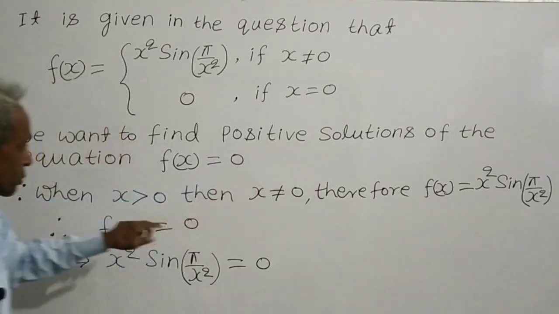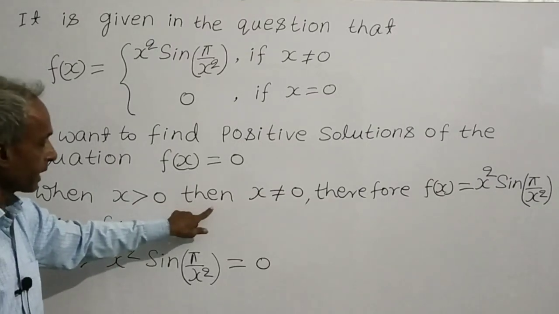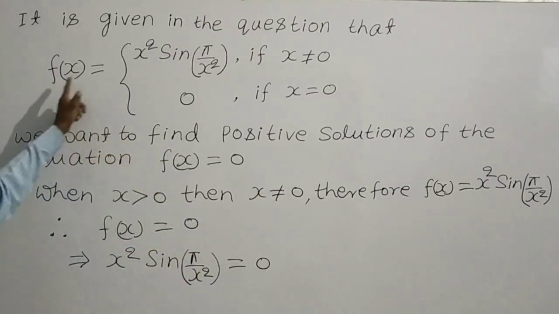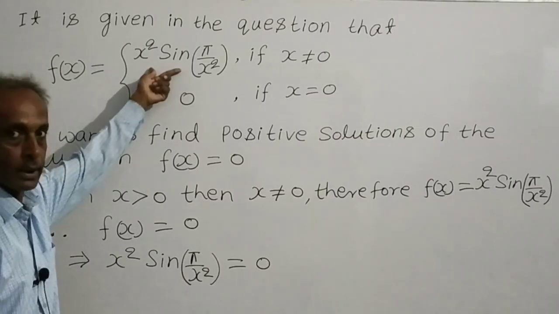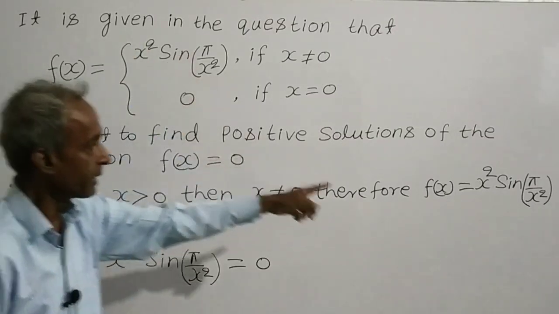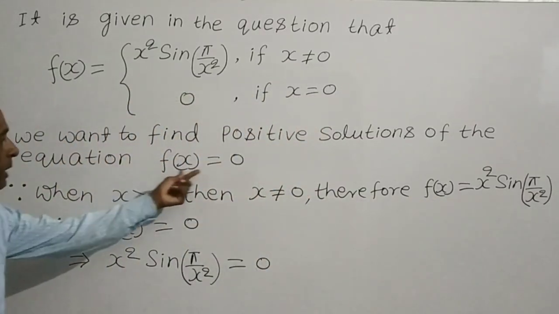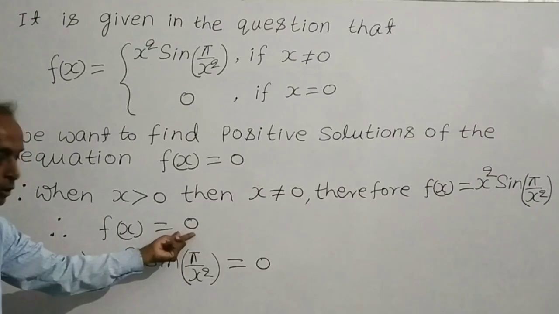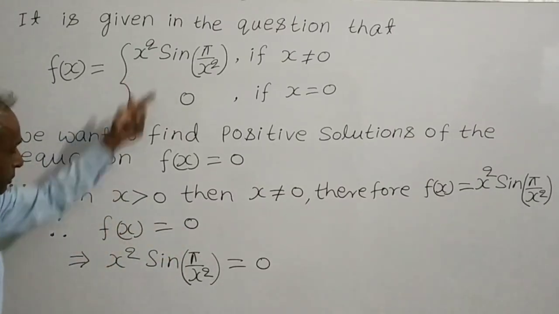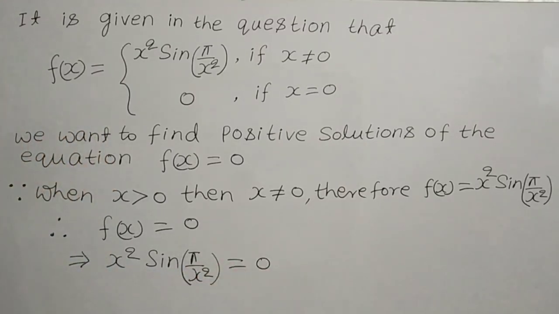For a positive solution, when x is positive, then x is not equal to 0. Therefore, f(x) will be written as x square sin(pi by x square). Therefore, f(x) is equal to 0 implies that x square sin(pi by x square) is equal to 0.